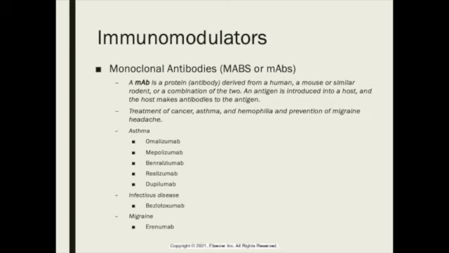And a MAB, or a monoclonal antibody, is derived from a human, but sometimes it can be a combination of a mouse or similar rodent, or by itself. An antigen is introduced into a host, and the host makes antibodies to the antigen, and we know this from pathophysiology.